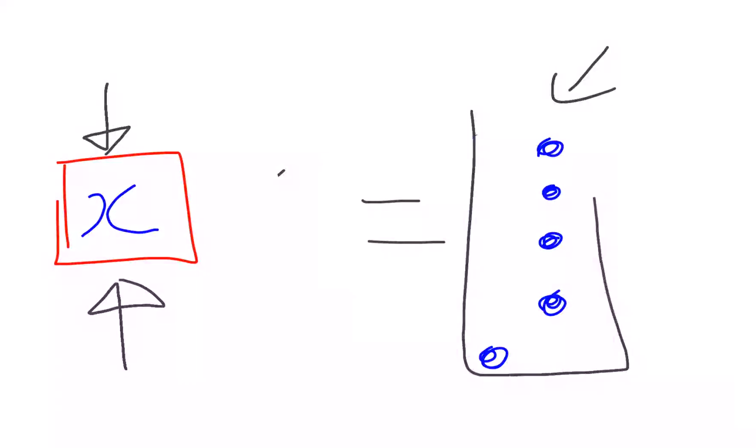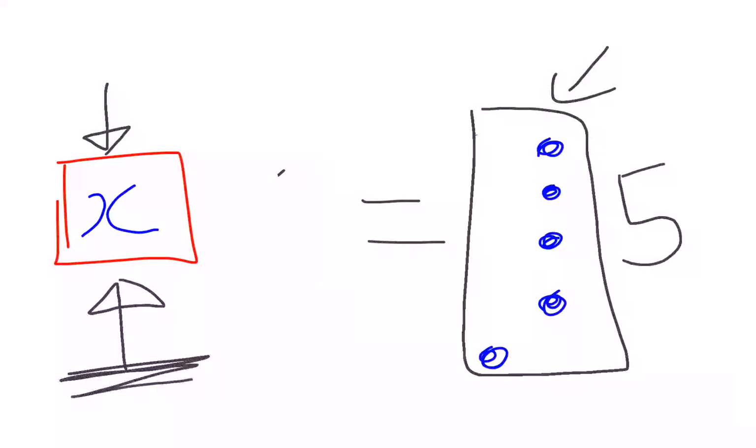X equals 5. So to solve an equation, we do the same thing to both sides to get x on its own, and when x is the only thing left on one side, the number on the other side must be what x equals.